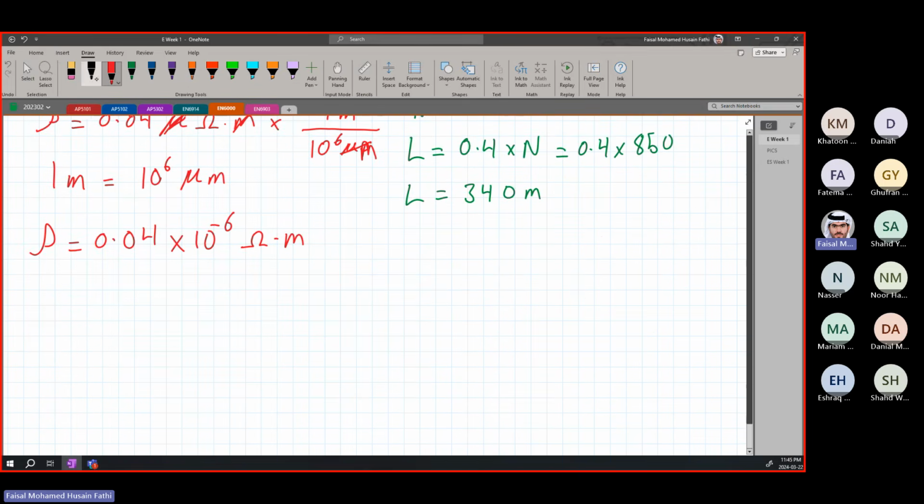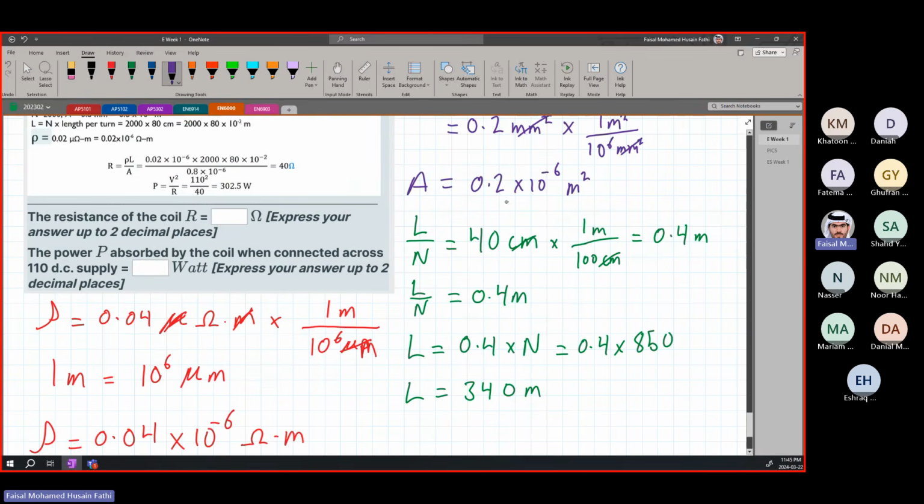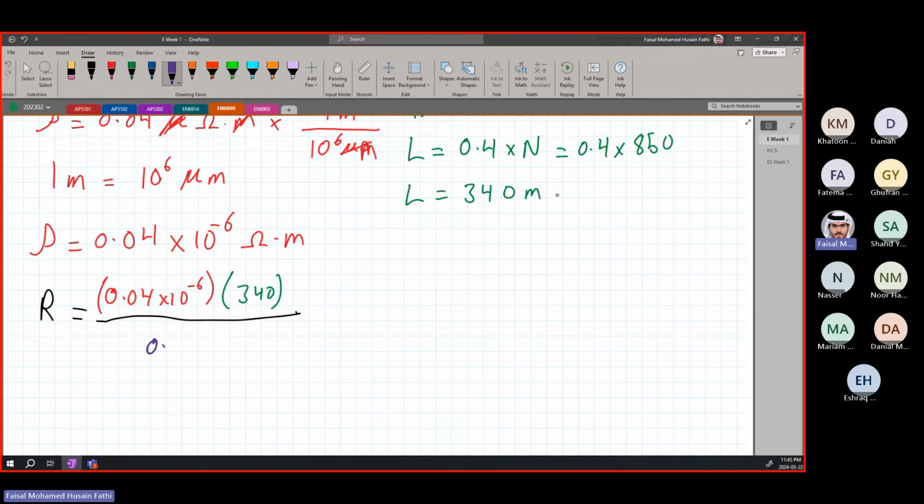They want that. So R is going to be equal to, again, the rho, which is 0.04 times 10 to the minus 6 ohm meter, times the length. The length is 340 meters, divided by the area, which is 0.2 times 10 to the minus 6 meters squared.